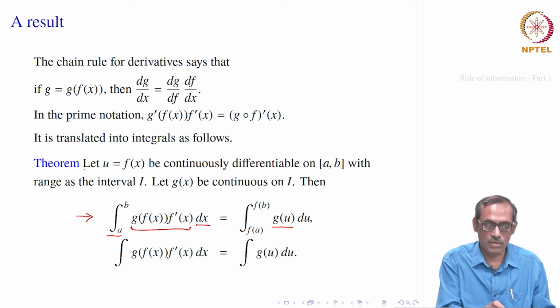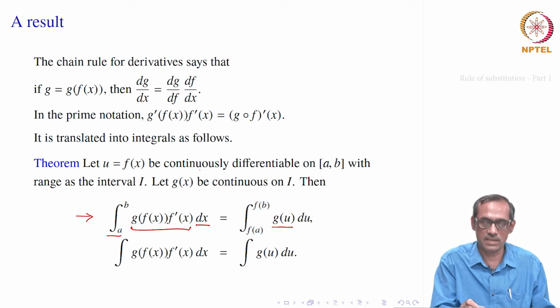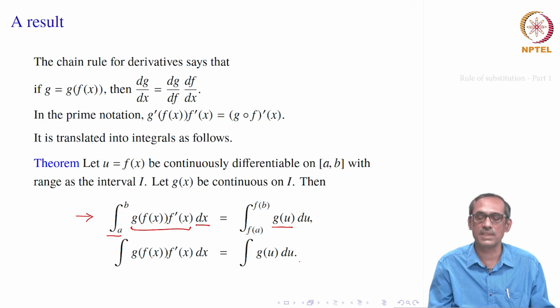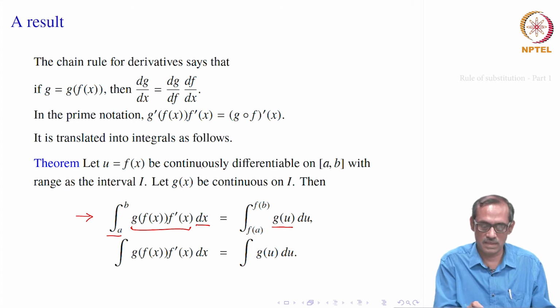So, it would translate to, if u equals f of x, these are all necessary conditions we need to put for this composition to work. Let u equal to f of x be continuously differentiable on the closed interval a b. So, its range automatically is a closed interval, right. It is a continuously differentiable function. So, once it is continuous, its range will also become a closed bounded interval. So, call that range the interval I.